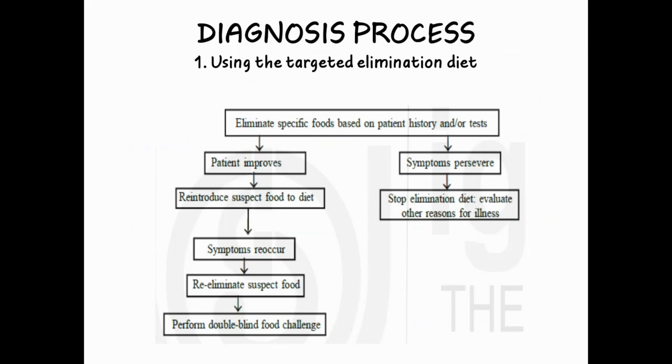Diagnosis process using the targeted elimination diet. Okay, so we've studied earlier that an elimination diet is a type of diet in which you target to exclude or eliminate the sources of food that are giving allergy, or because of which the patient is having allergy.